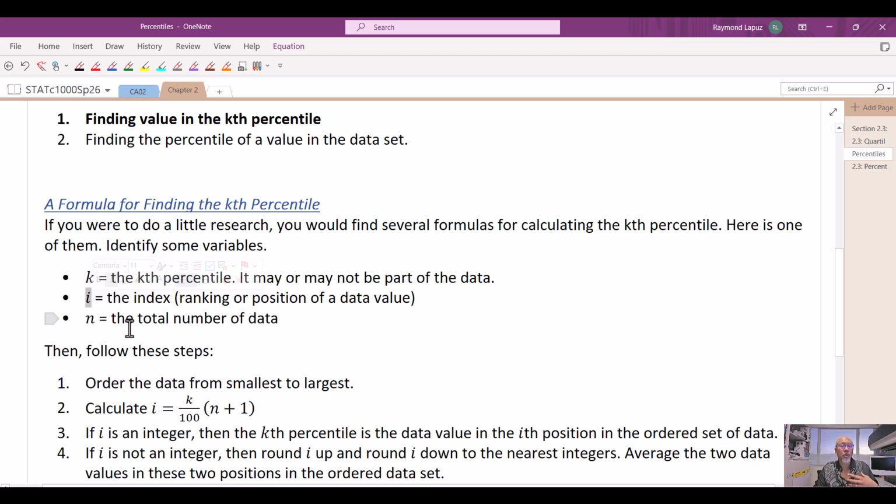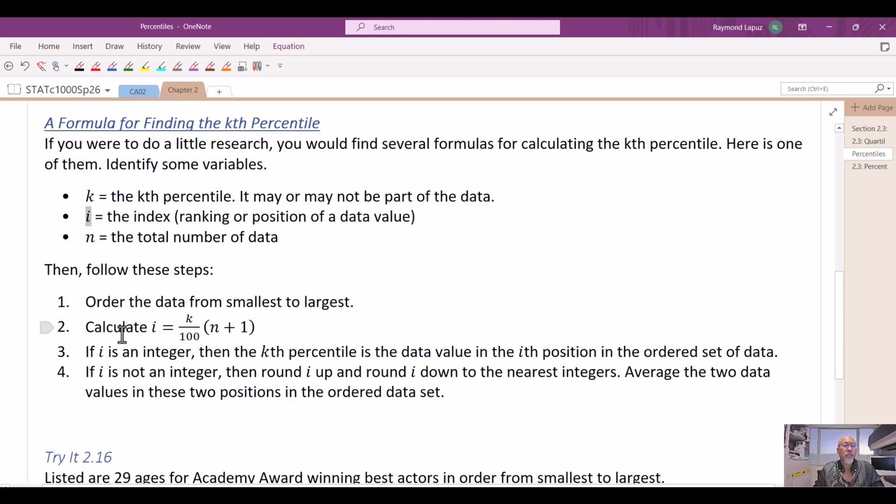So you're going to end up looking for I, and then you're going to count from the smallest number in your data set up to whatever I is. And then N is the total number of data that we collected. That's the usual notation that we use for the number that you collected in your sample. It's N.